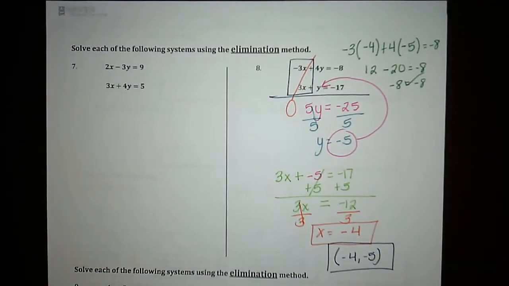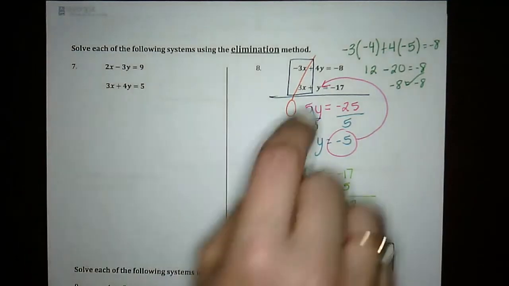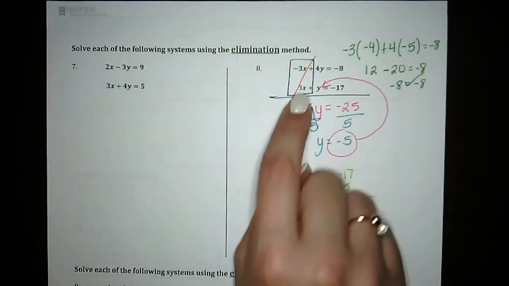Okay, this one I don't see a clear elimination. So what can I multiply the values by to get an elimination? So we're going to multiply, let's get rid of our x's. Doesn't matter, you can pick whichever one. You can do y's, you can do x's. I know that if both of them are 6, I can make 2 and 3 into 6 by multiplication, and they can eliminate. I'm going to make one of them negative so that they cancel out just like they did over here.